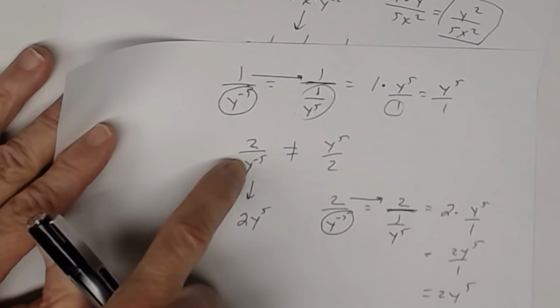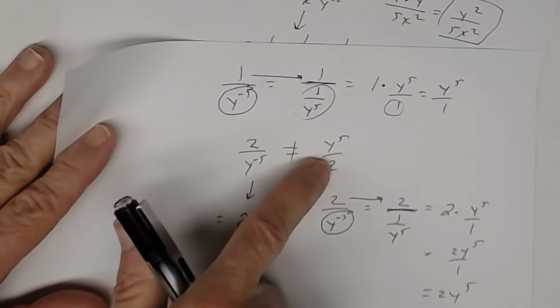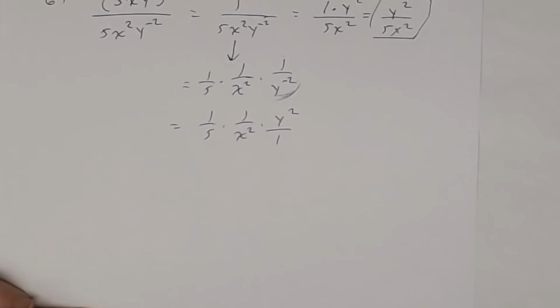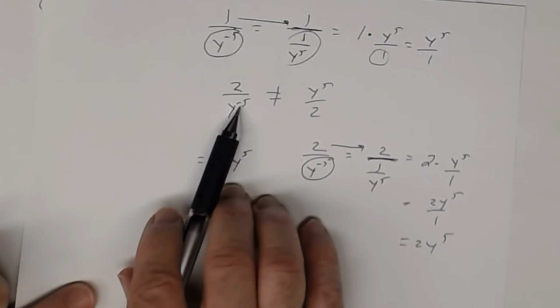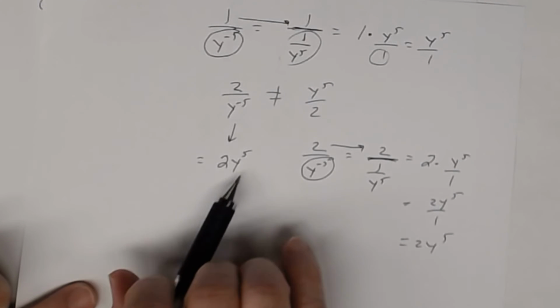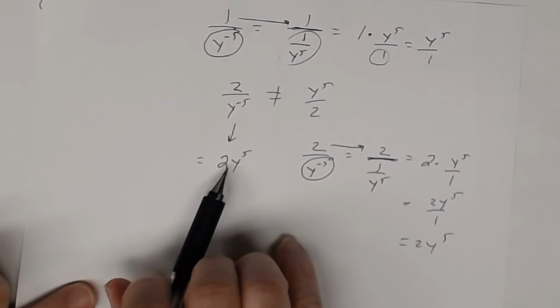So the answer is not the reciprocal of this. So you've got to be careful. When you do a negative exponent, if you're not understanding it well, you tend to make that mistake where you think, to make this exponent positive, I take the reciprocal of this fraction. That's not true. Okay? And we saw why that's not true here.